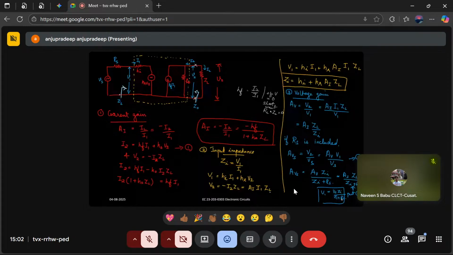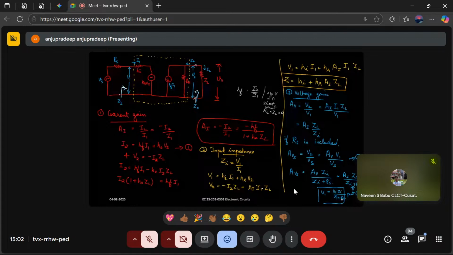You will get V2 is equal to AI I1 ZL. That is current gain into input current into ZL. So output voltage is equal to AI into I1, which means it is the amplified input current coming to the load. That is the output voltage. Okay.